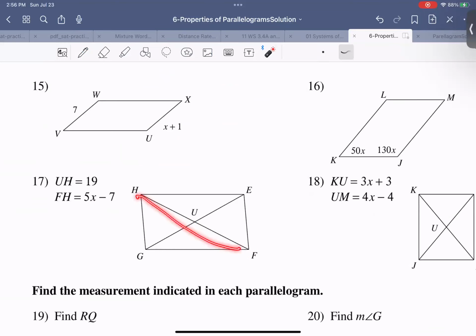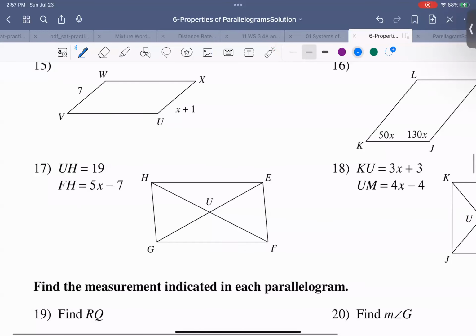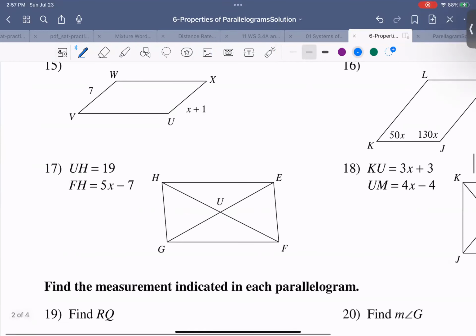How do we set up the equation here? It would be 5x minus 7 divided by 2 is equal to 19. Very good, very beautiful. So 5x minus 7 equals 19 doubled, right? Yes.